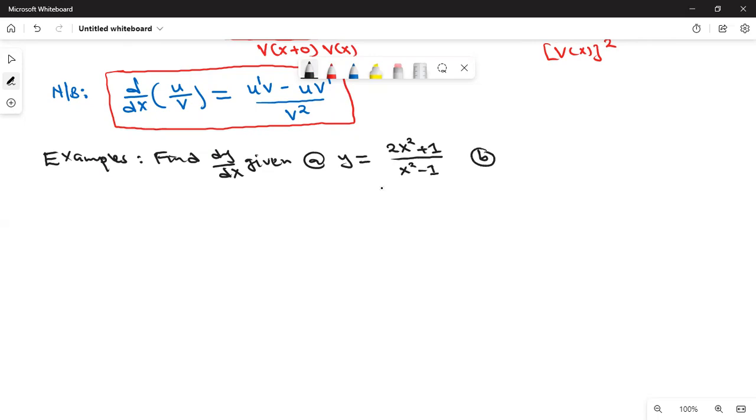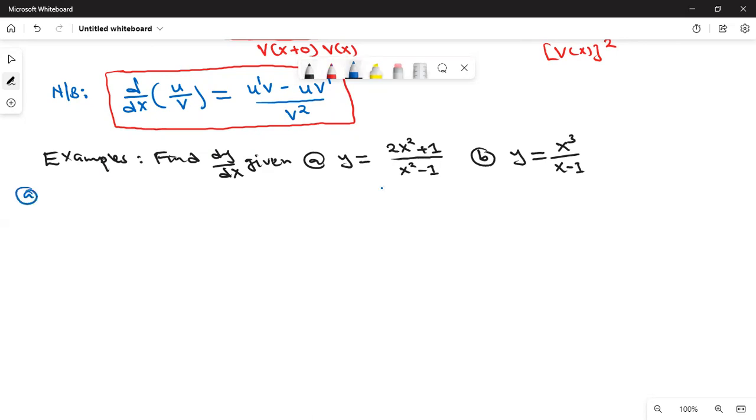In part B, you are given y equals x cubed over x minus 1. So just 2 examples are enough to explain the concept. Let's see how to solve the 2 questions.